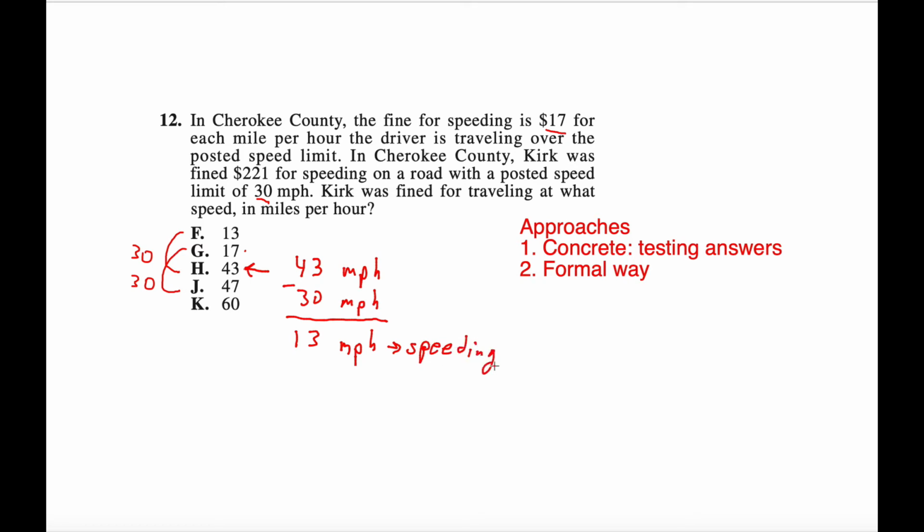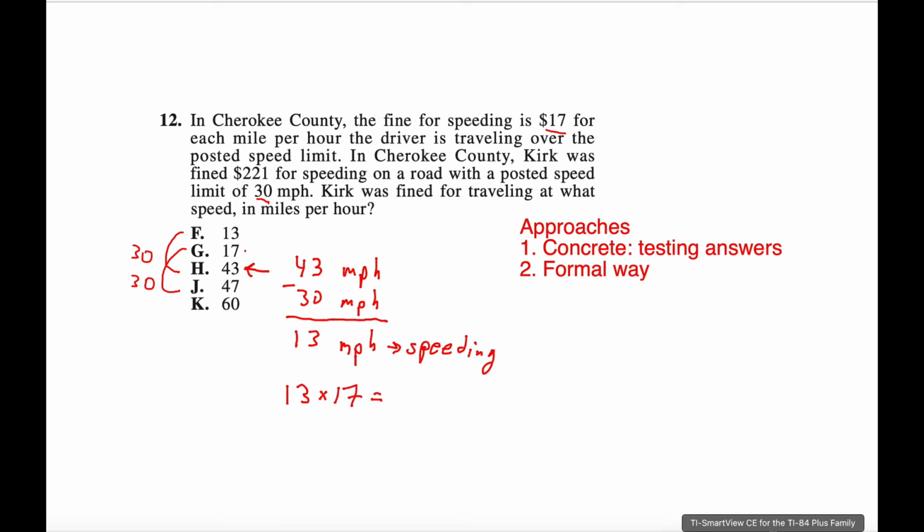Continuing to plug this into the question, we know that the fine for speeding is $17 for each mile per hour over the speed limit. So to get the amount that he's going to be fined for 13 miles per hour, we'll do 13 times 17.